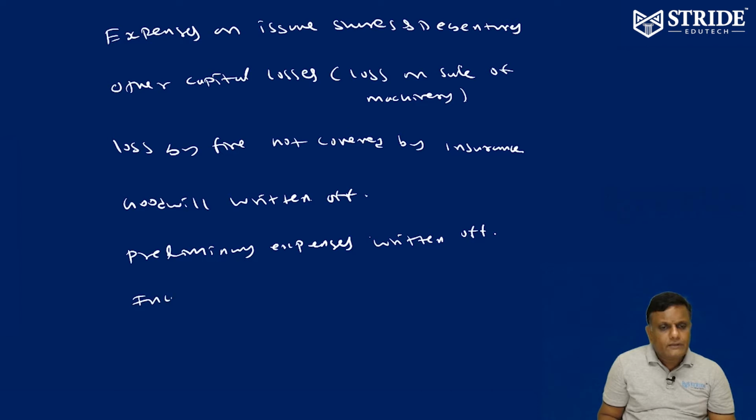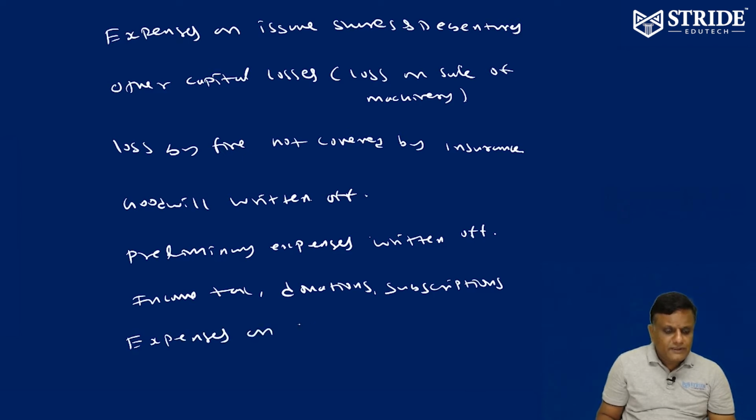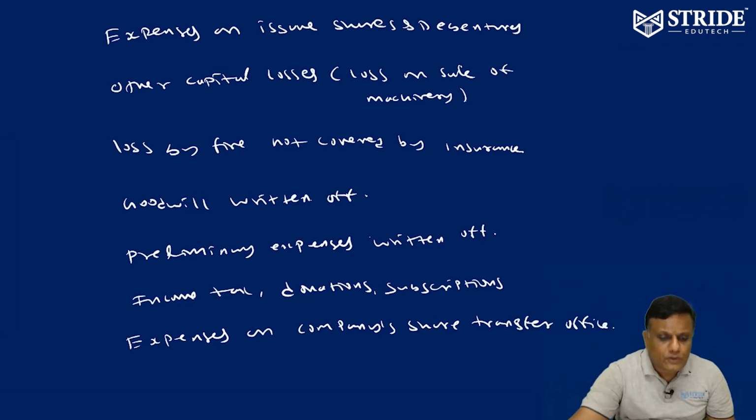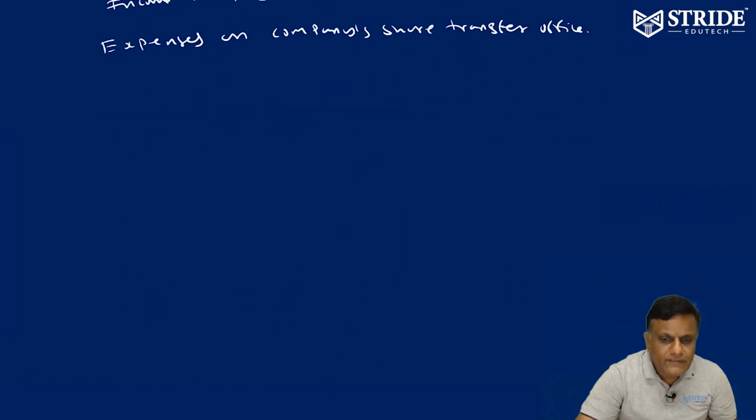Next, income tax, donations, subscriptions. These are purely financial items. Similarly, expenses on company's share transfer office. So these are the items only in financial accounts. Right. Purely financial, these are all expenses.